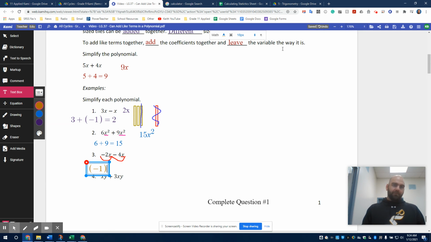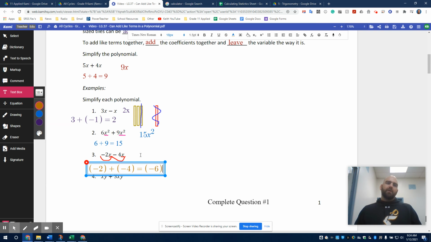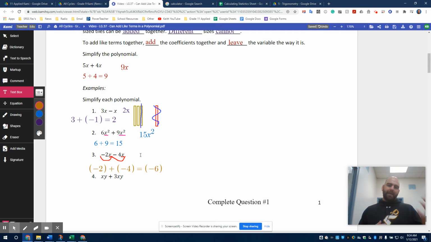But if we're adding them together, that's a negative 2 plus a negative 4. Two negatives combined together make a bigger negative. We're going to get negative 6 as our answer. So if we combine a negative 2 and a negative 4, we get negative 6, and when we write this out in total, we have negative 6x. And there's going to be our final value.